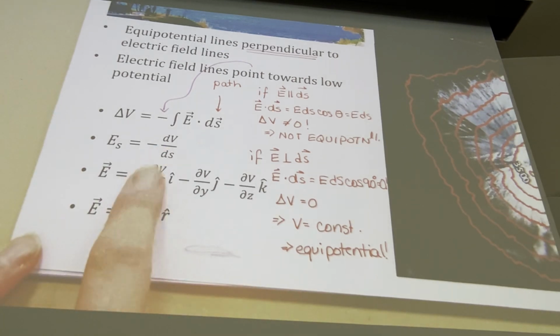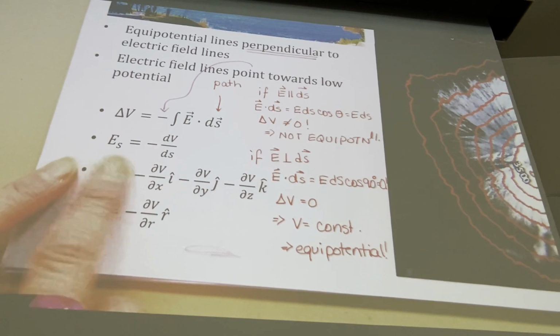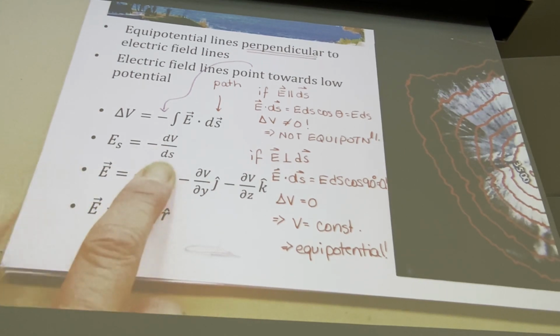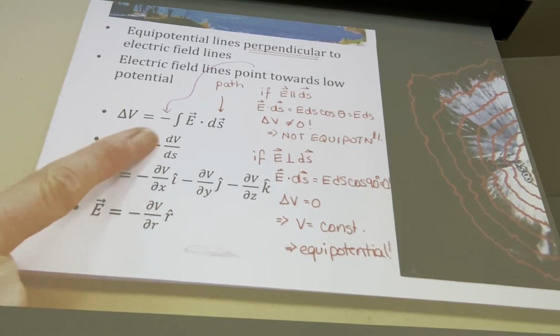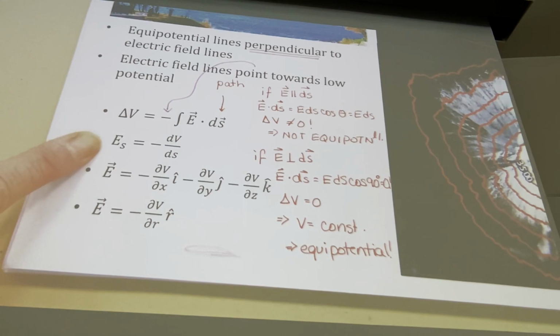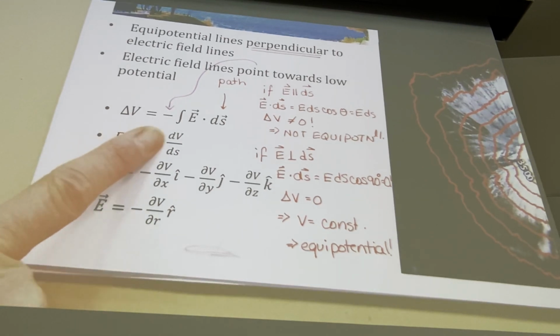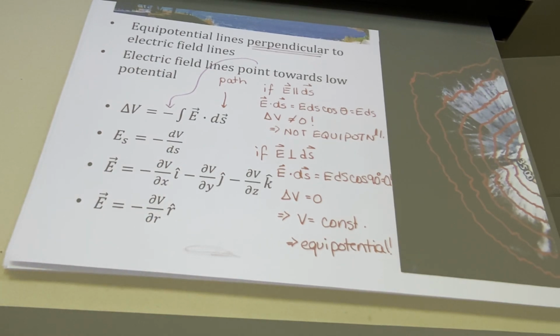The next little bit would be these equations right here. We see that our component of electric field is the change in potential divided by the change in distance. If we have a big change in potential divided by a small distance, that would give us a big electric field. If we have a small change in potential divided by a big distance, that would give us a small electric field.